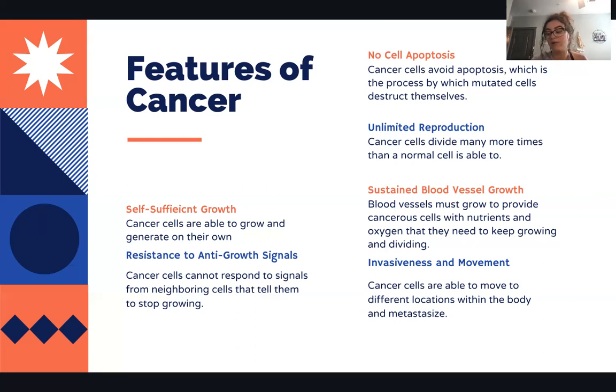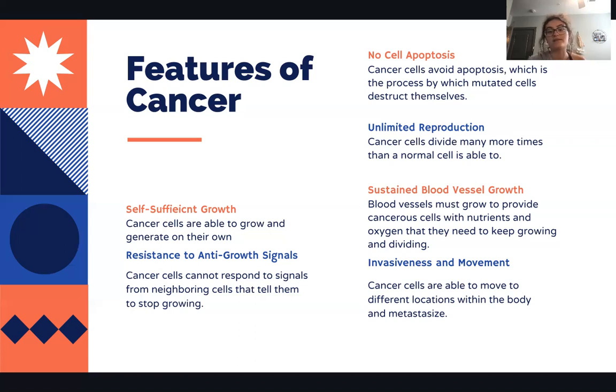This is really helpful because it reduces the risk of any mutations occurring in cell division, and it just makes sure that all the cells are working properly. However, cancer cells with mutated DNA are able to divide many more times than normal cells are. So this leads to unchecked cell growth. It gives rise to many more cancer cells. It can cause the formation of tumors and cancers within the system.